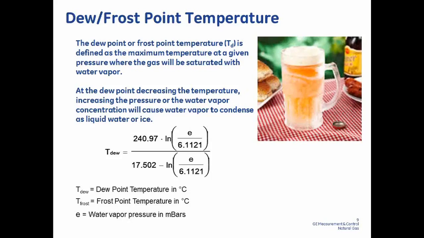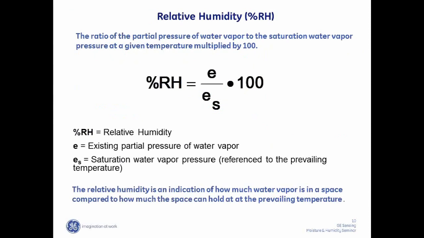Relative humidity is the amount of water vapor in a given space compared to the saturation vapor pressure. And that's really just a dimensionless parameter. If we multiply it by 100, of course, we get percent relative humidity. And percent relative humidity is often used in heating, ventilation, and air conditioning, or in industrial processes.